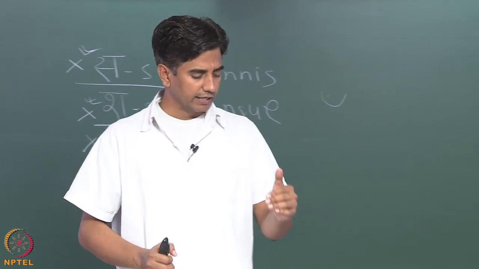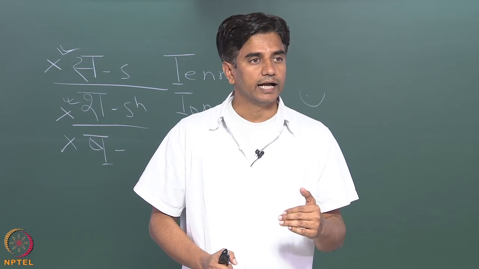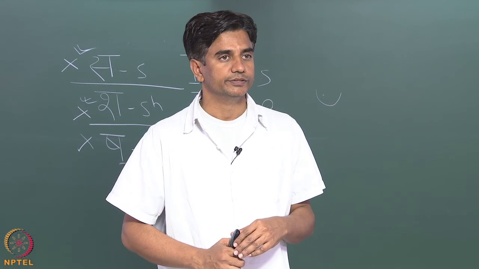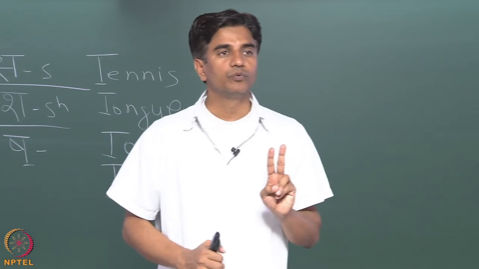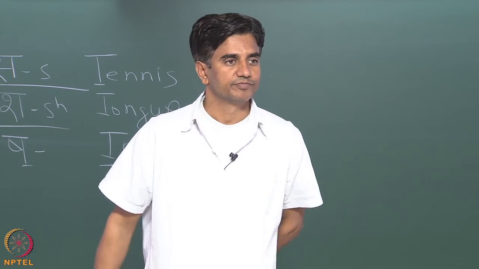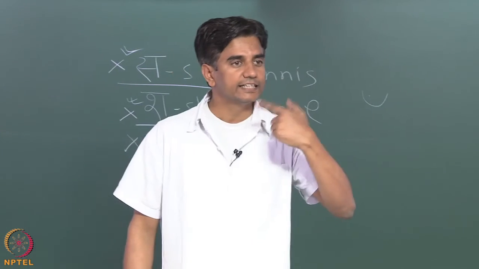When we say a word like fool, right, and a word like pool, do you hear the difference between the two? Fool and pool. What's the difference? You can see that difference.